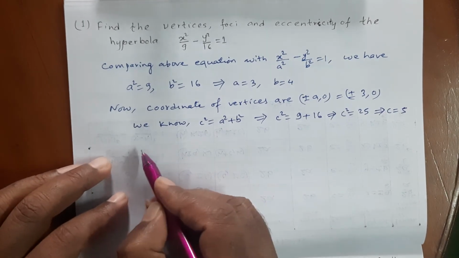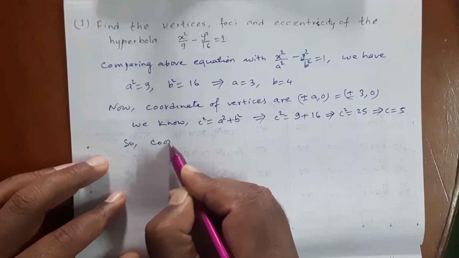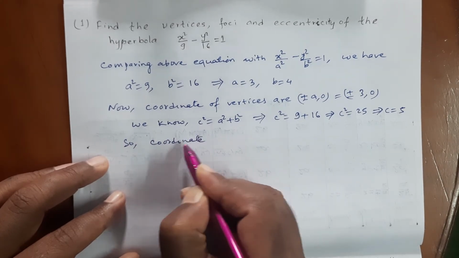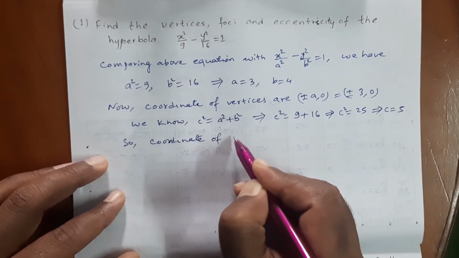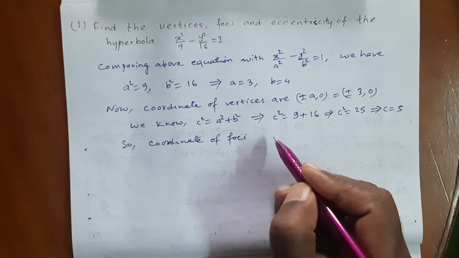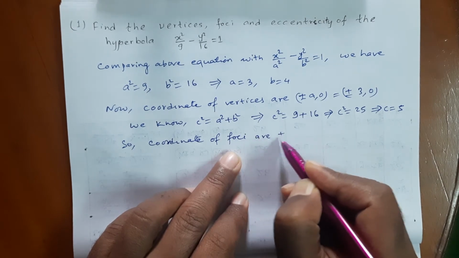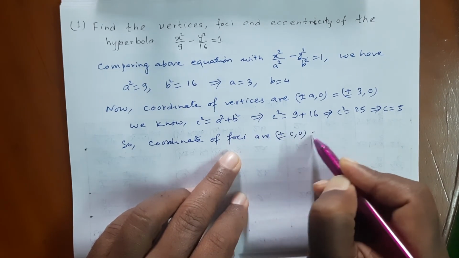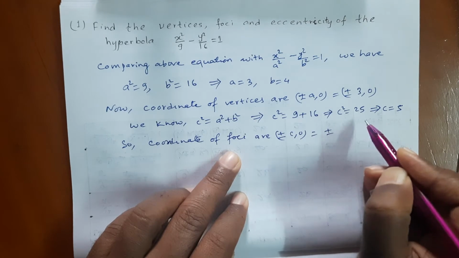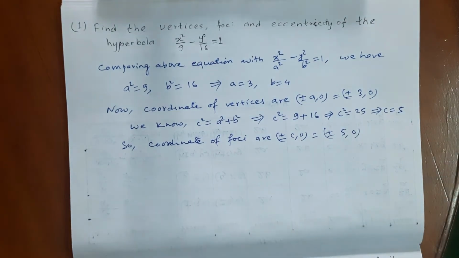And now the coordinates of foci. Our formula for the coordinates of foci is plus minus c comma 0, that will be plus minus the c value, 5 comma 0. These are the coordinates of the foci.